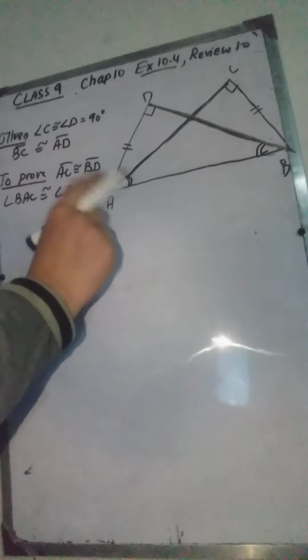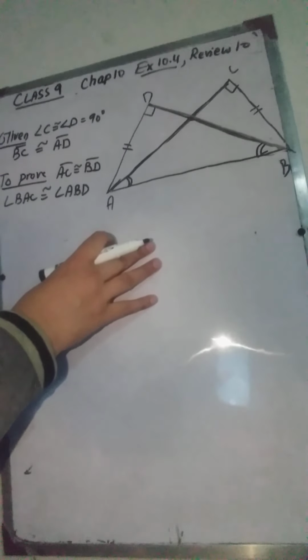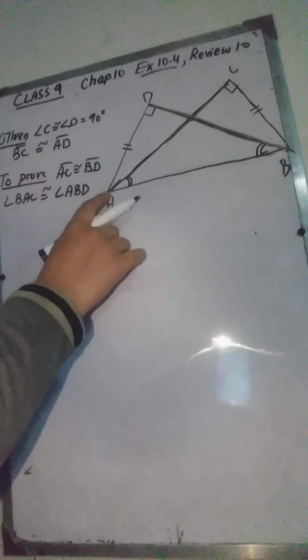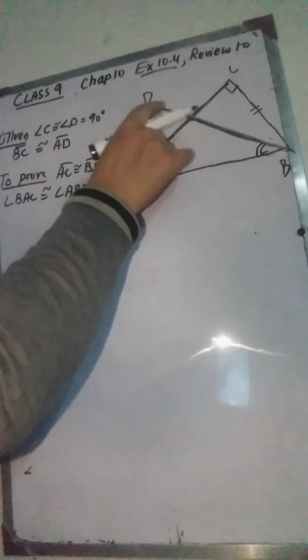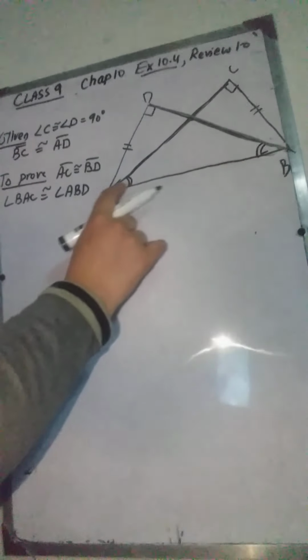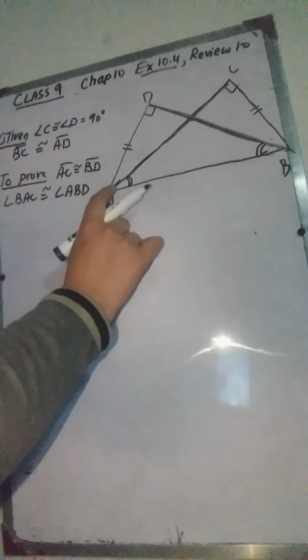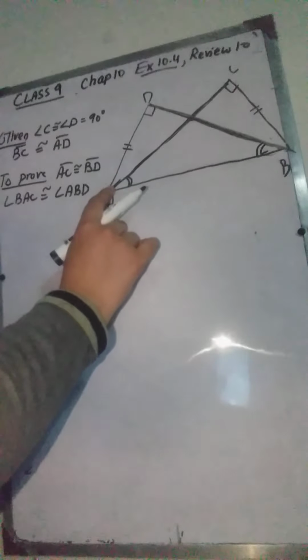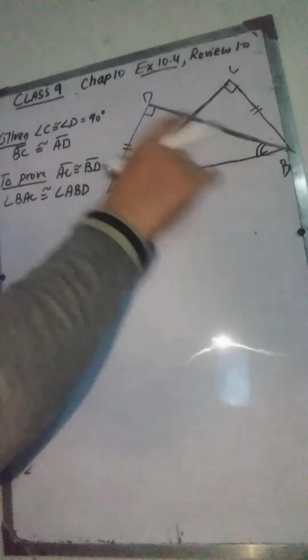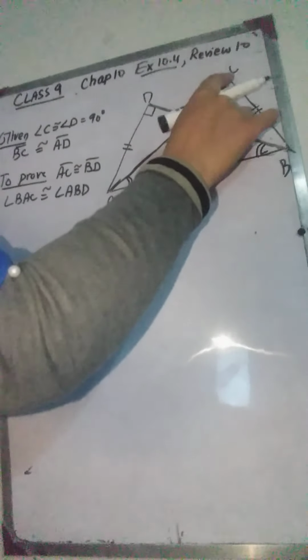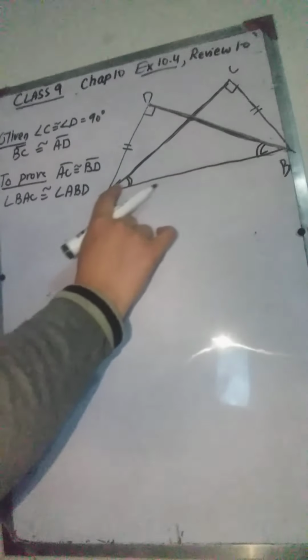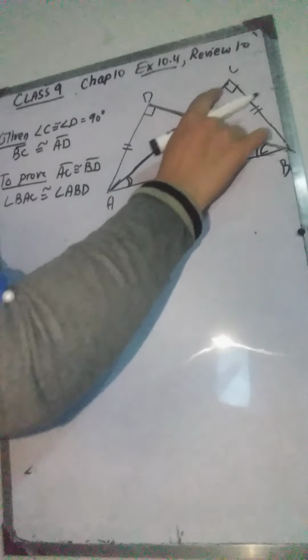Now here we are going to consider the two triangles. We are going to prove it with the help of the HS postulate, and we are going to consider these two triangles. ADB, the first right angle triangle that is given to us, is this one, and we are going to make this triangle congruent to triangle ACB.